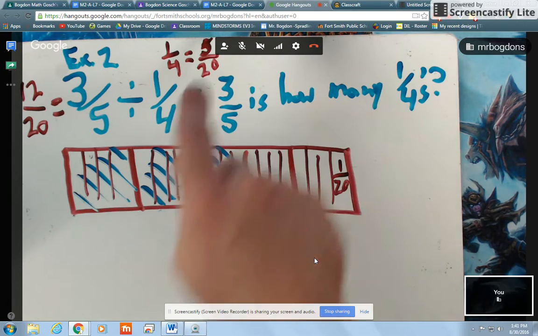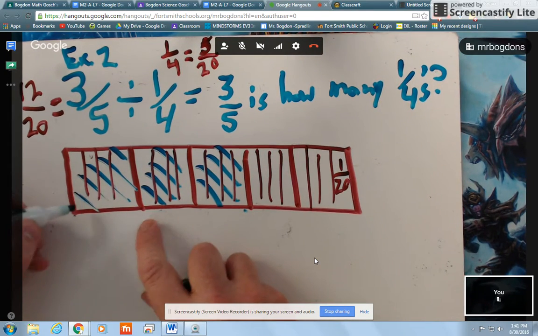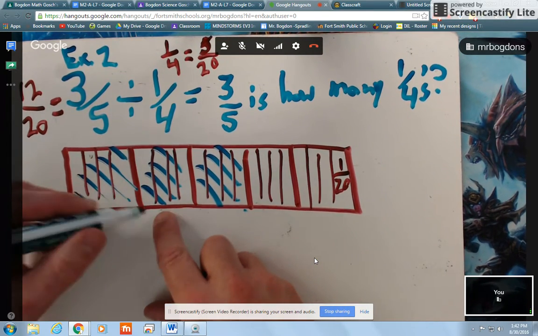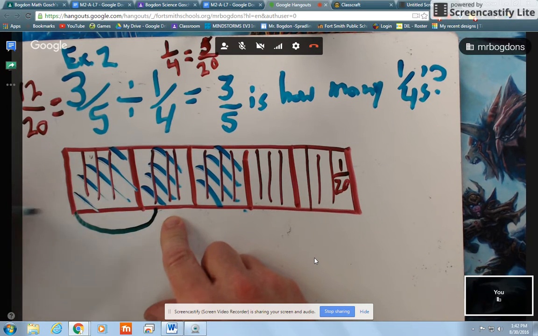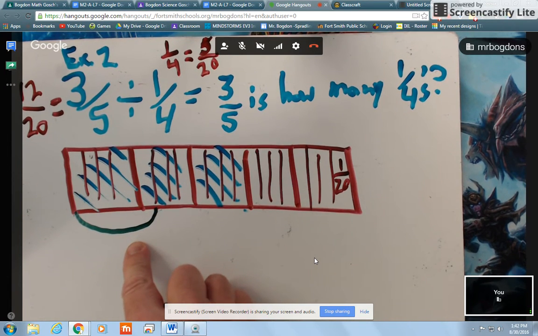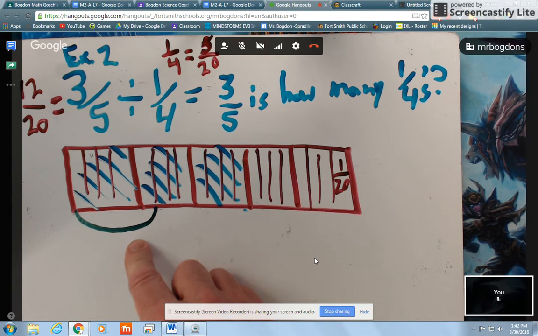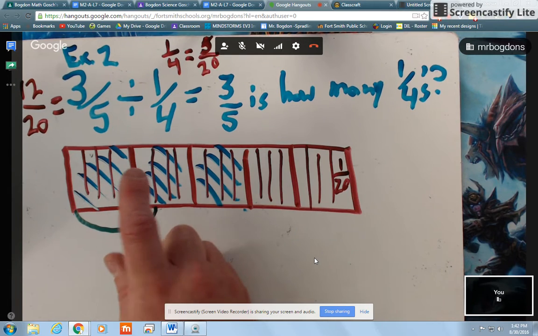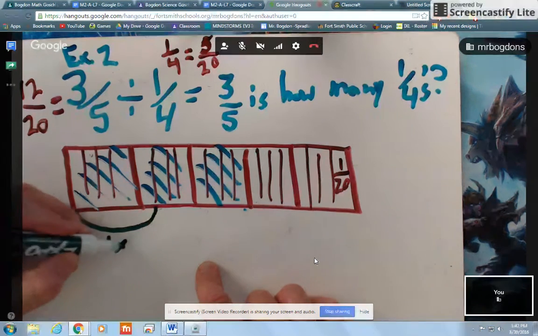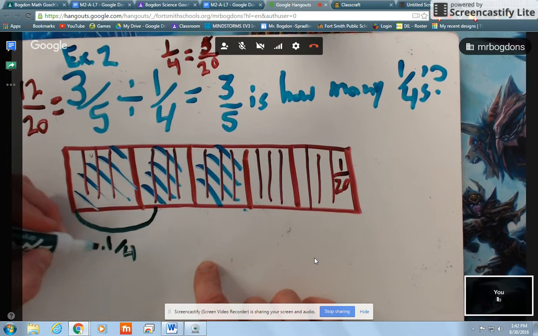Yeah. So I need to count 5 20ths. 1, 2, 3, 4, 5. Everyone, what does this 5 20ths represent? Okay, so that's 1/4 or 5 20ths.